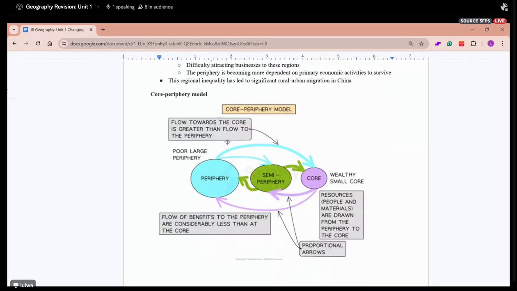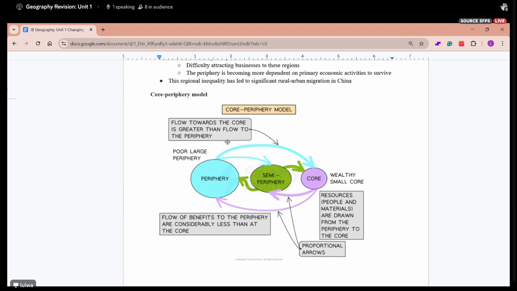So as I was saying before, this is a breakdown of the core periphery model. It's basically flows towards the core are greater than flows to the periphery. If you think about this in terms of human migration, you'd see that the core is an area with more economic livelihood, or more economic activity, whereas the periphery has less.